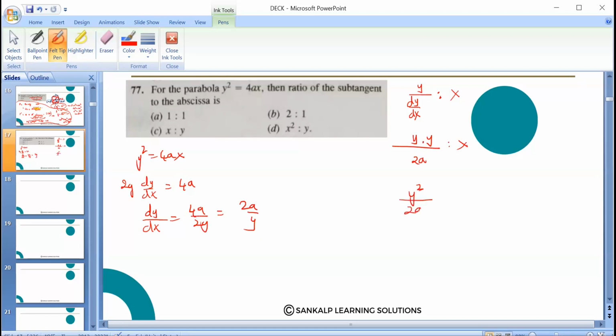Y square by 2a is to x. Y square is 4ax by 2a, is to x. X and x will cancel. A and a will cancel. 2 and 2. 2 is to 1. That is option B.